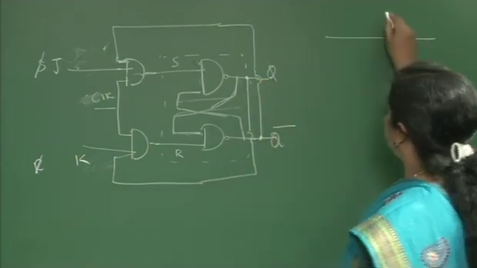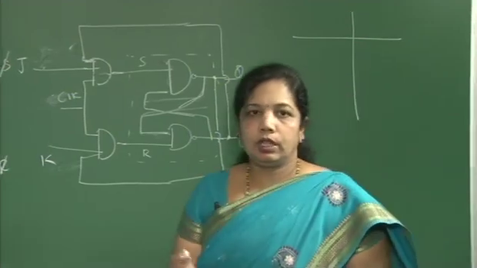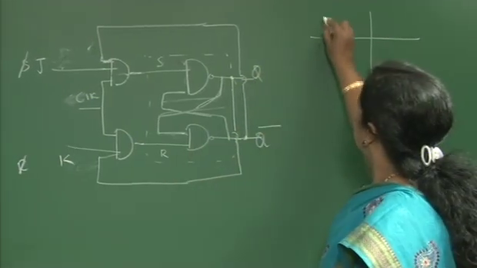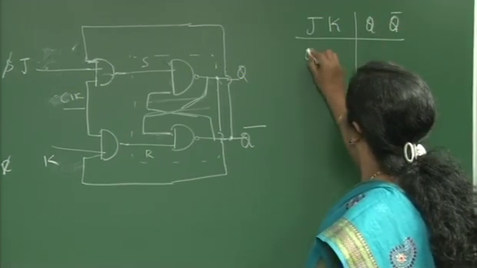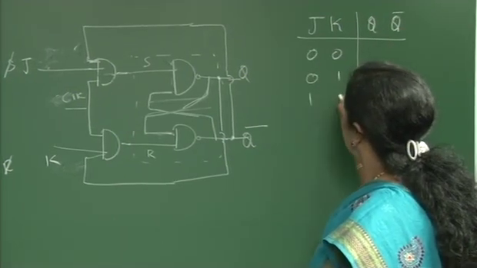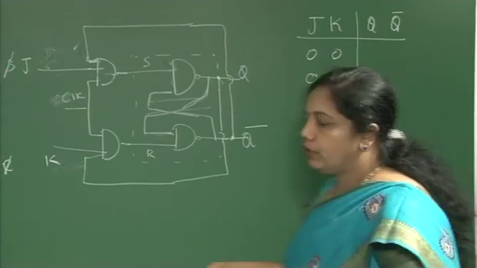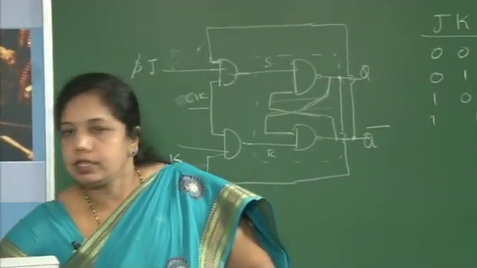Now we will write the truth table of this JK flip flop. J, K, Q, Q complement: 0 0, 0 1, 1 0, 1 1. As we know, we have 4 conditions here.